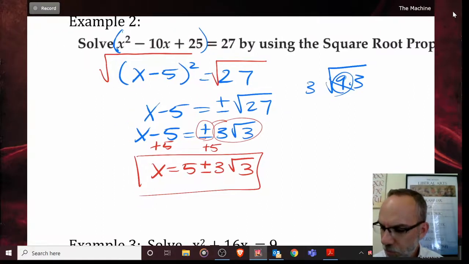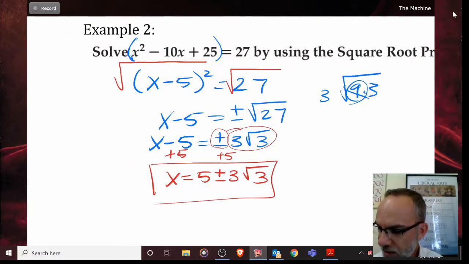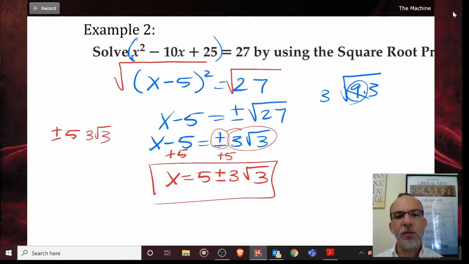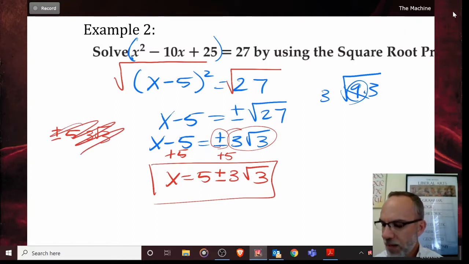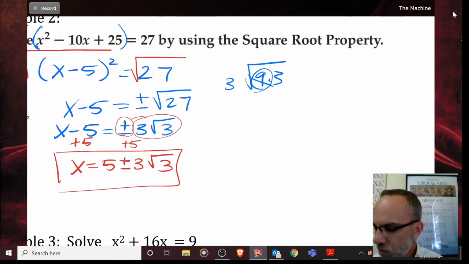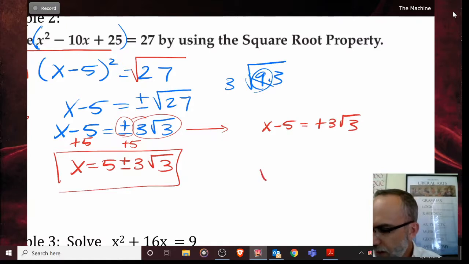Several students have made mistakes, and they've said something like, oh, plus and minus 5, 3 root 3. They put the 5 in the wrong spot. If you want to avoid that error, here's what you could do. At this step, you could say x minus 5 is equal to positive 3 root 3, and then x minus 5 is equal to negative 3 root 3.